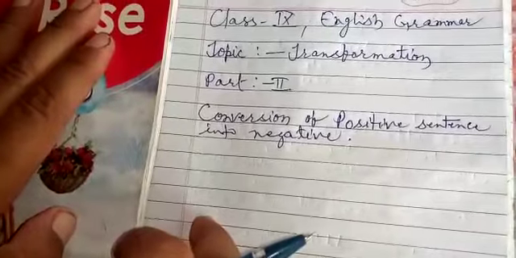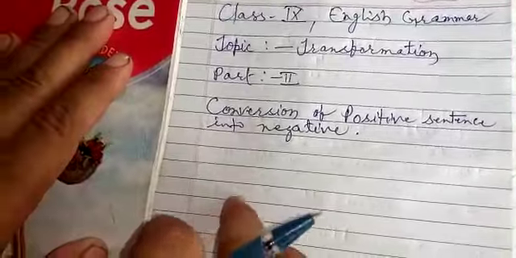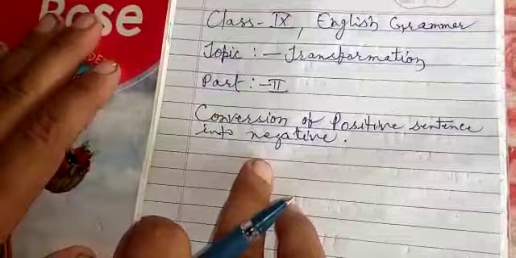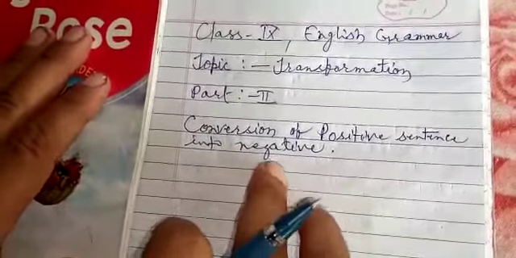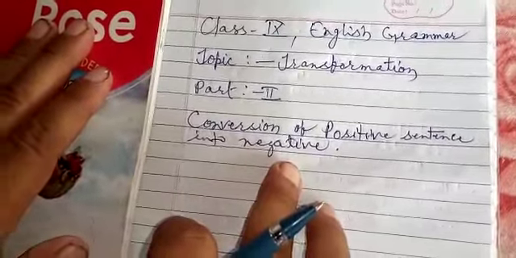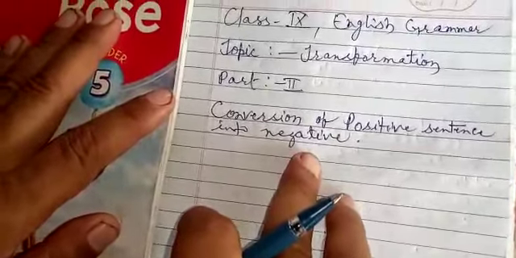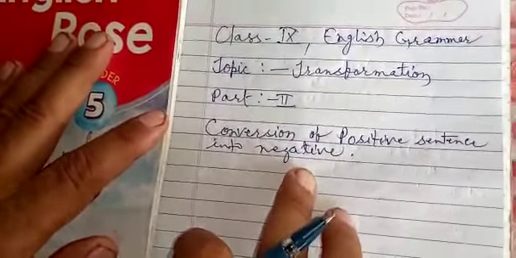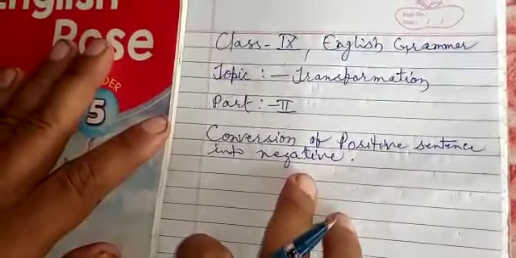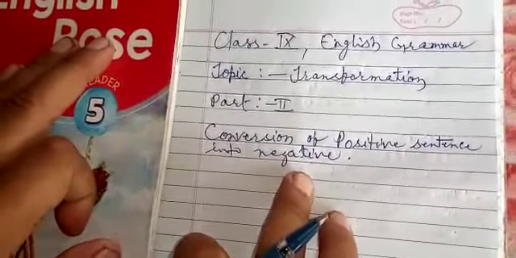Your topic is transformation. This is the second part of it. This time I hope you all are well and ready to understand the conversion of positive sentences into negative. Sometimes you write a positive sentence, sometimes you need to write a negative one also.